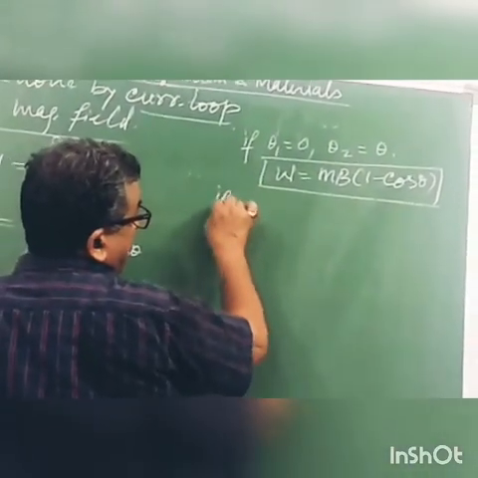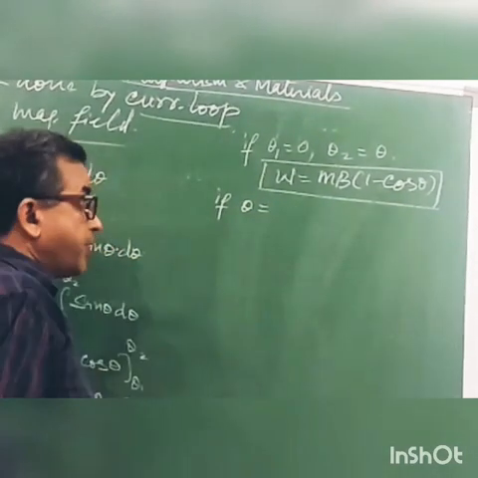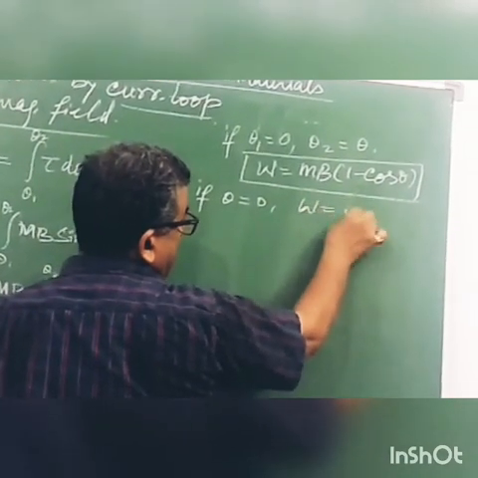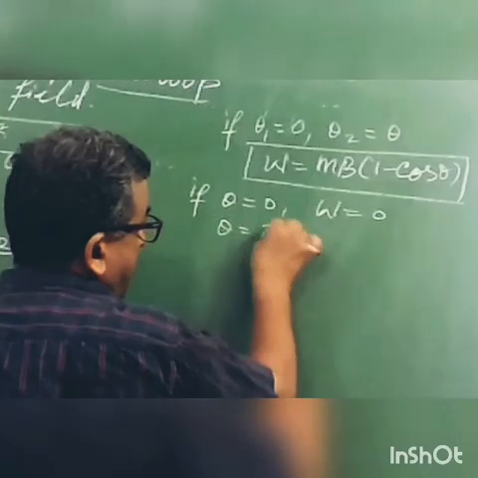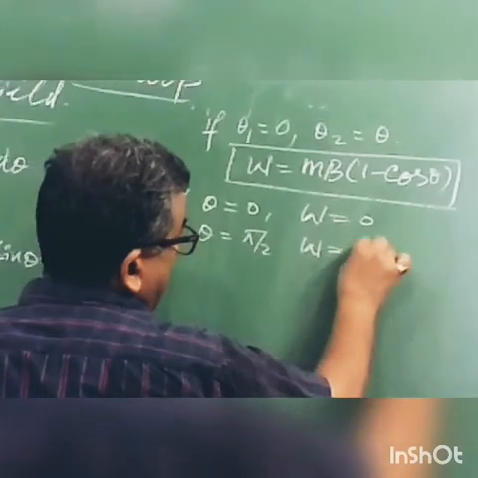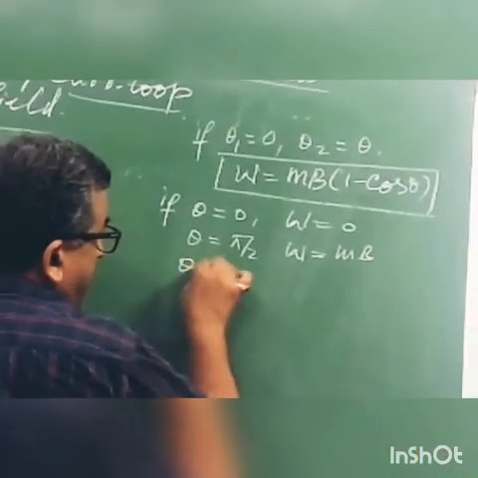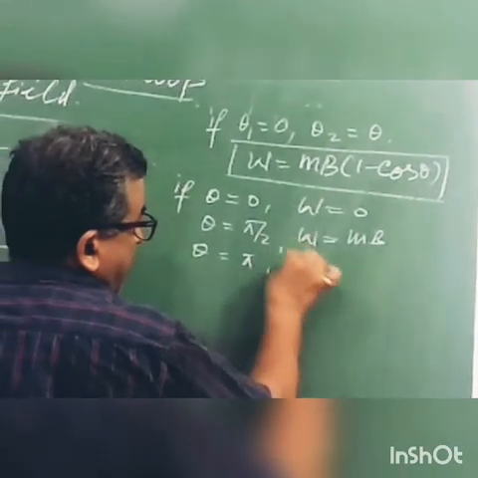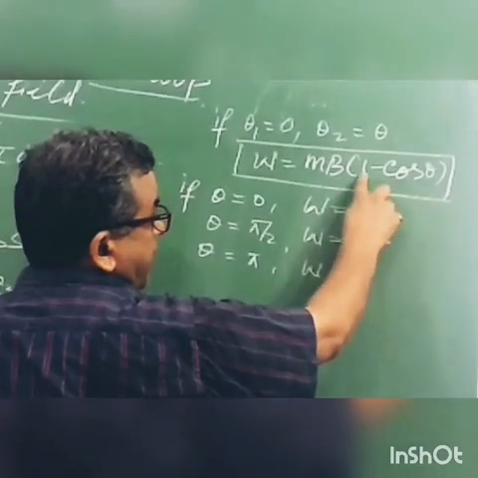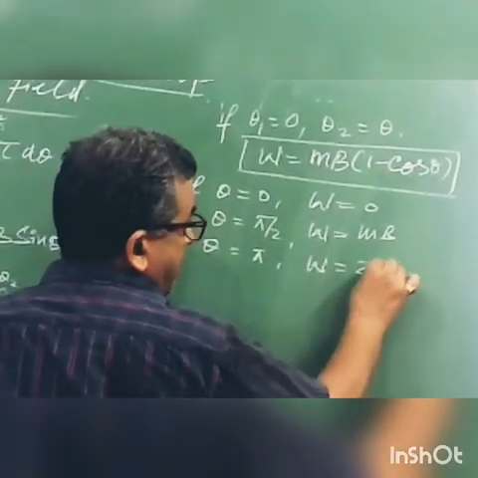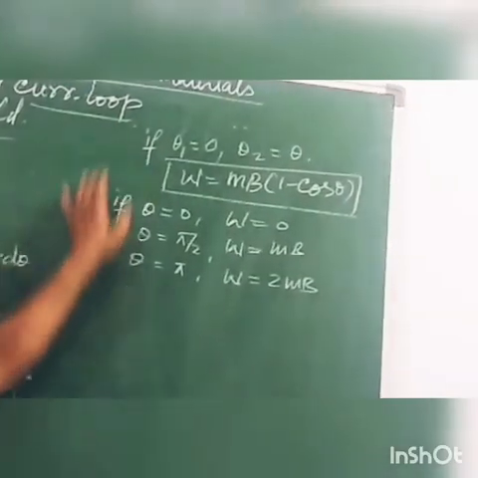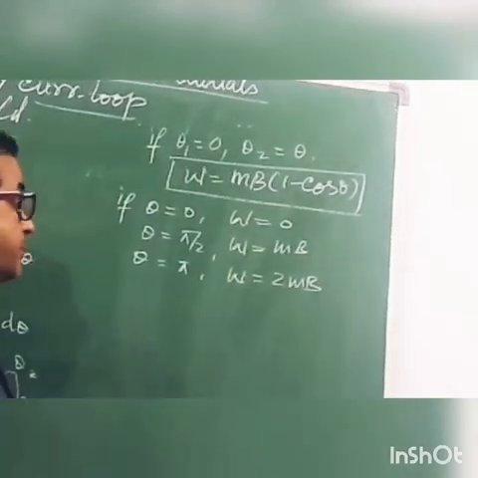If the angle of rotation theta is 0, W is 0. If theta equal to pi by 2, cos 90 is 0, so it is MB. If theta equal to pi, cos pi is minus 1, so it is 1 plus 1, so it is 2MB. So these are the work done values at different angles of rotation.